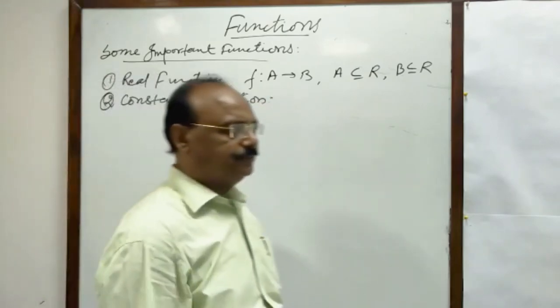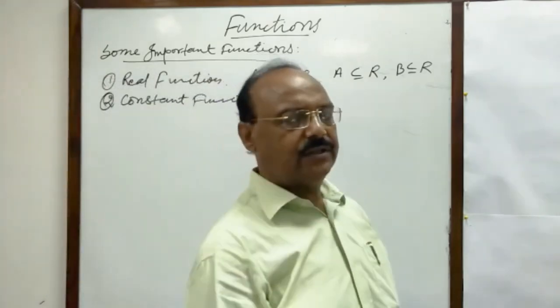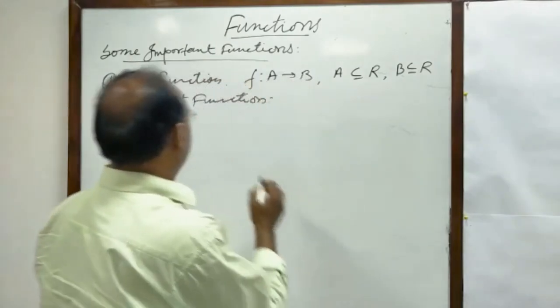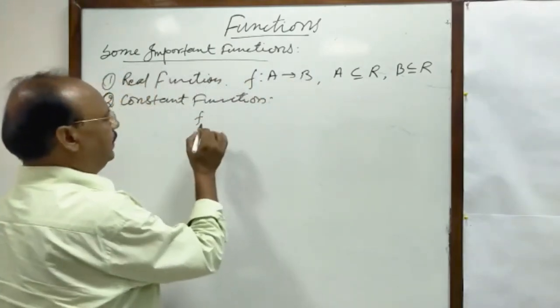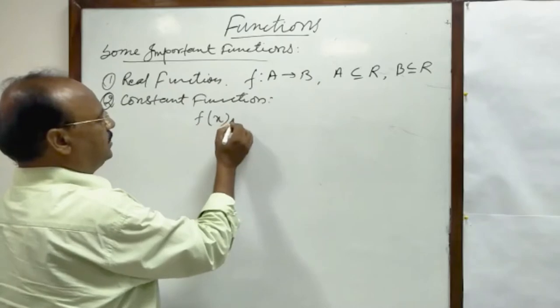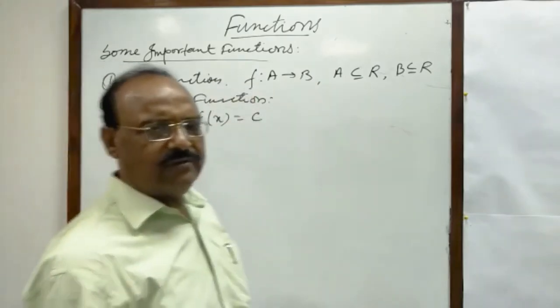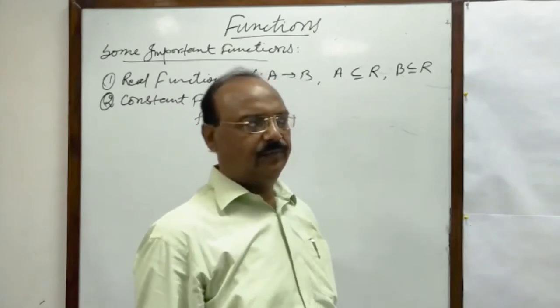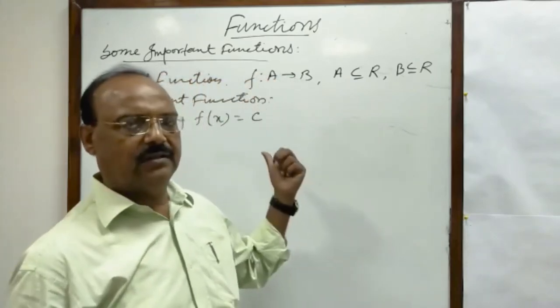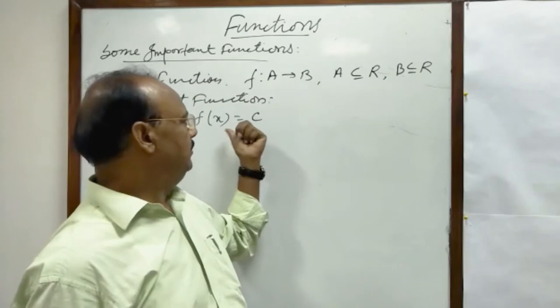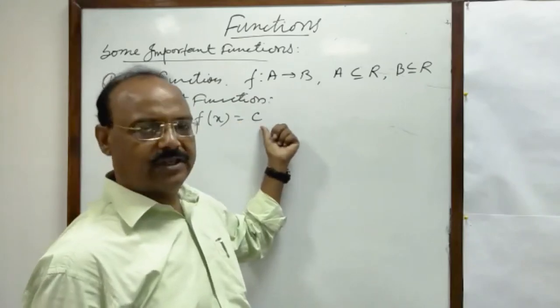Constant function. In this case, suppose f is a function such that f(x) is equal to a constant value, a constant number always for all x. Image is always C, constant.